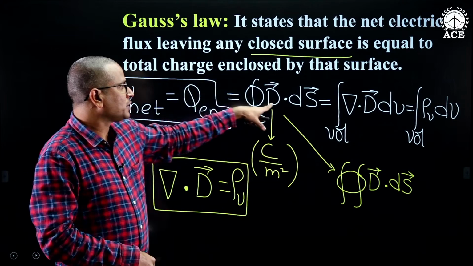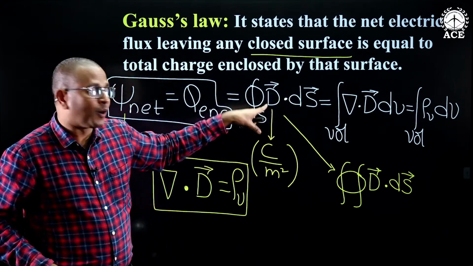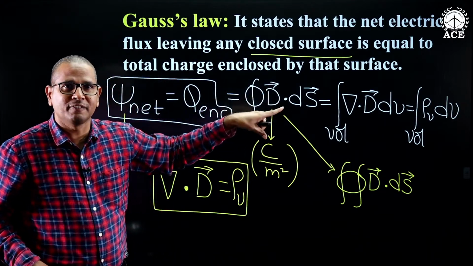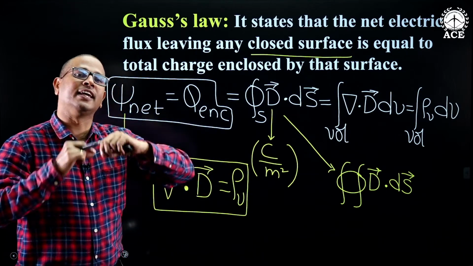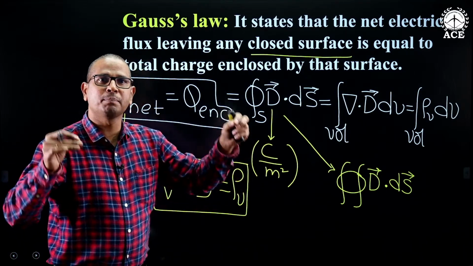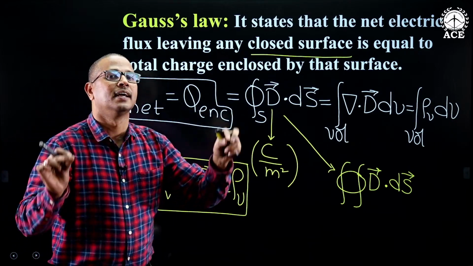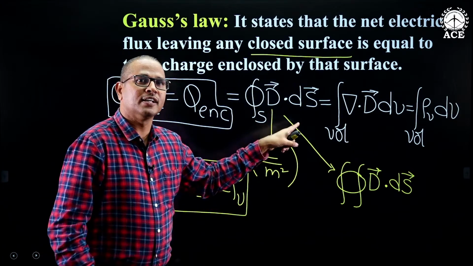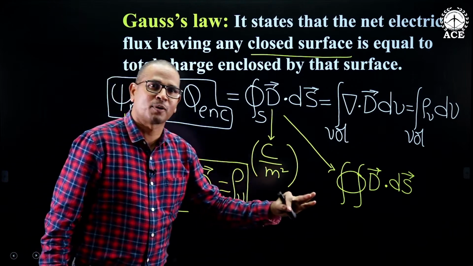Then, if you use the surface integral method, you may need 3 pages, because a cube or a cuboid has how many surfaces? 6 surfaces. You have to calculate the flux leaving each surface. So psi 1 plus psi 2 plus psi 3 plus psi 4 plus psi 5 plus psi 6 is the resultant flux. At any cost you have to evaluate 6 integrals, which becomes a laborious process.